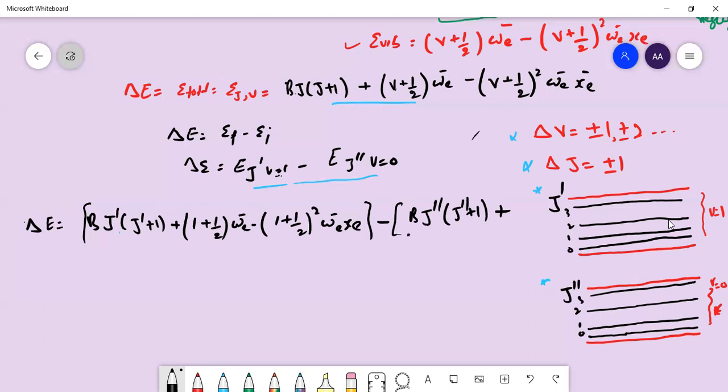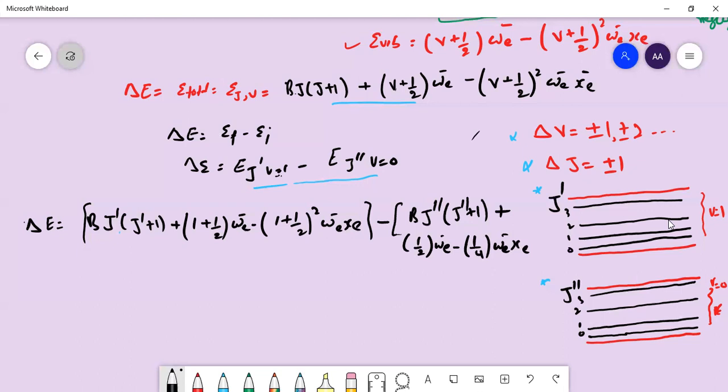So the equation will be 0 plus 1 by 2, that is 1 by 2 omega e bar, minus 0 plus 1 by 2 squared, that is minus 1 by 4 omega e bar xe. So this is the equation.